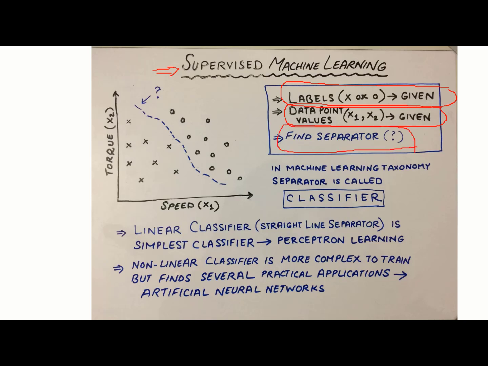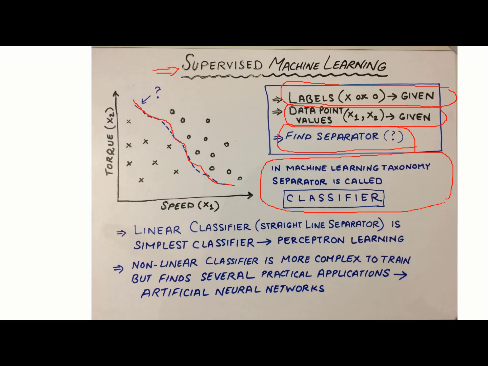For instance, in the torque speed example that we saw earlier, you're given two different types of data points, one type represented by crosses, the other by circles, and your job will be to find out that boundary. Where does this boundary lie that separates the circles from the crosses? That boundary is known as a classifier.